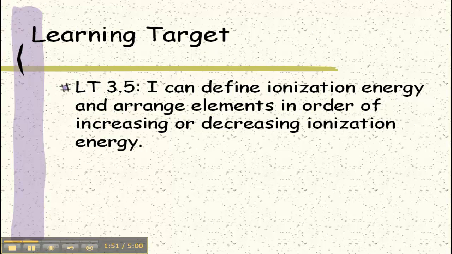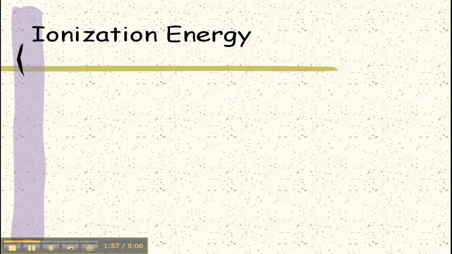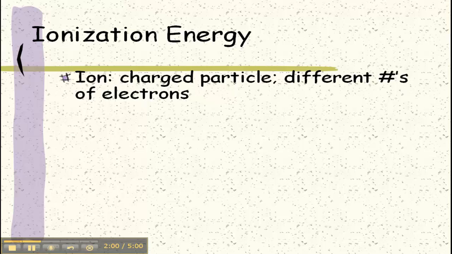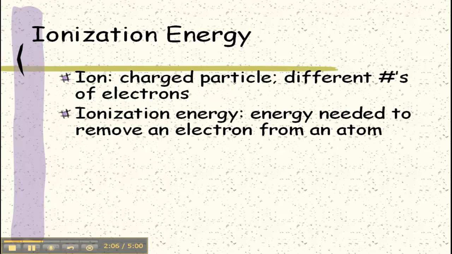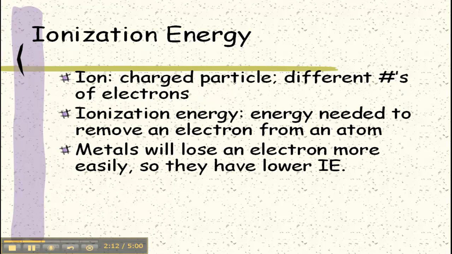I can define ionization energy and arrange elements in order of increasing or decreasing ionization energy. Remember that an ion is a charged particle, which means it has a different number of electrons. So the ionization energy is the energy needed to remove an electron from an atom. Metals are going to lose an electron very easily.